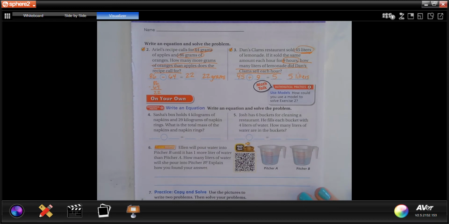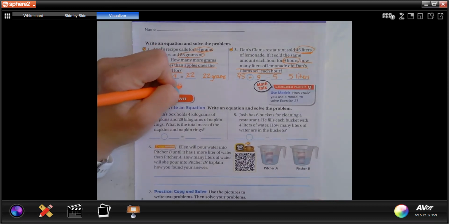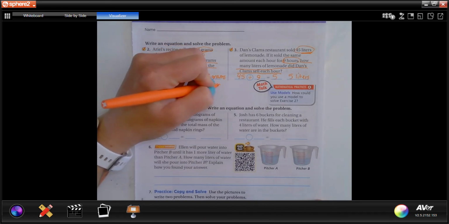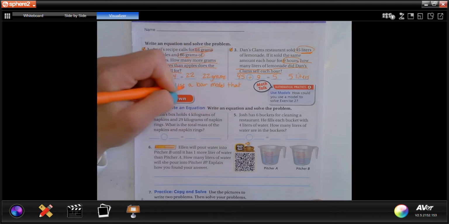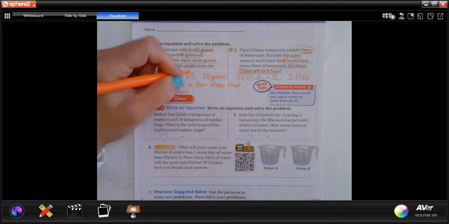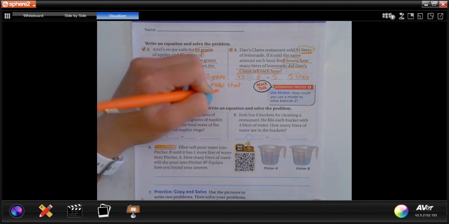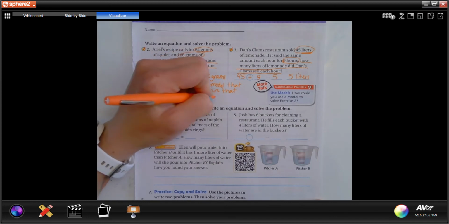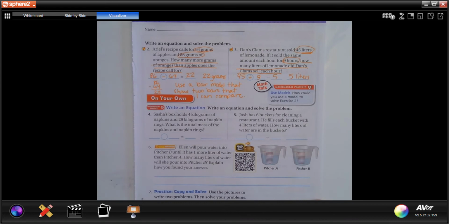So we could use a bar model that shows 2 bars that I can compare.